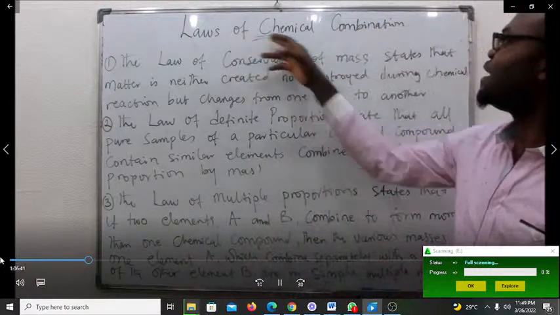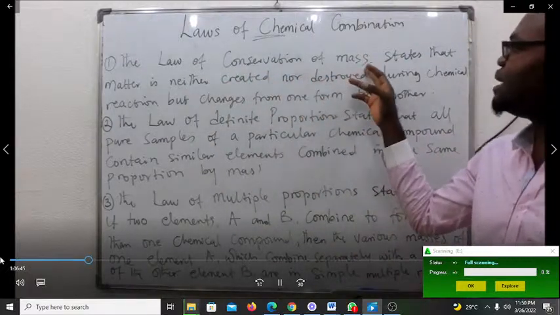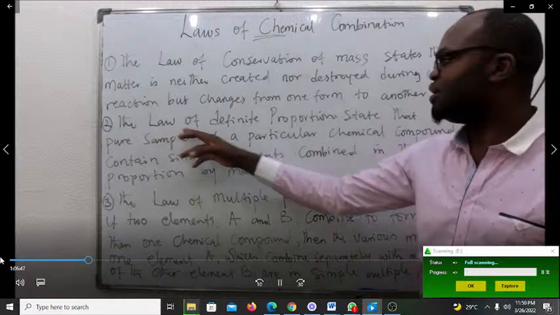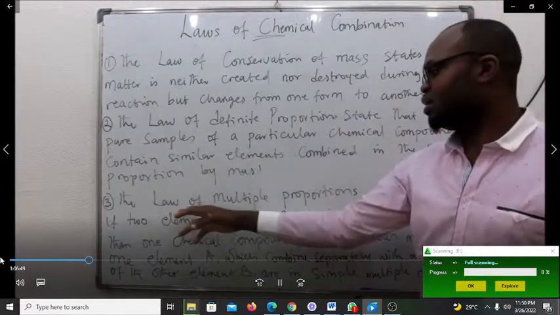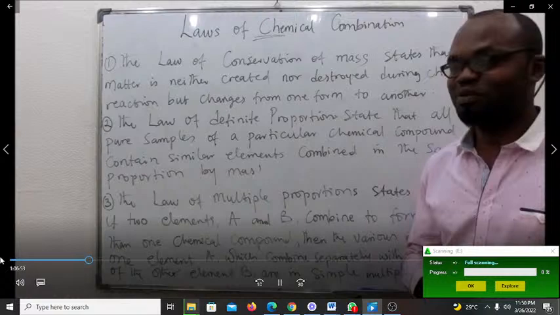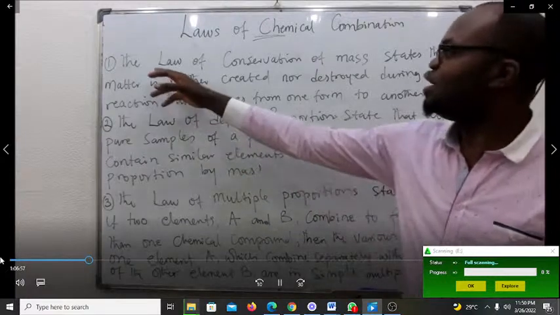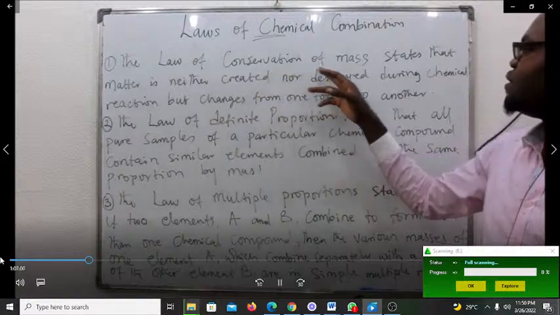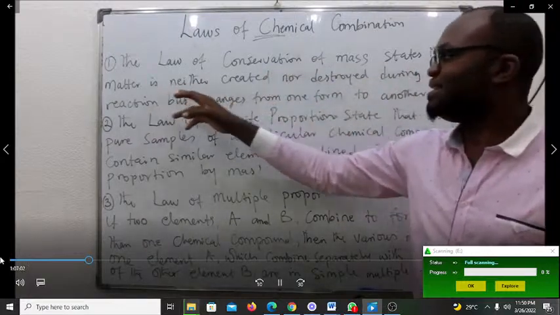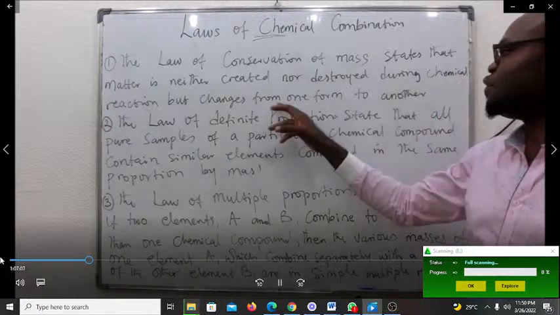The laws of chemical combination include the law of conservation of mass, the law of definite proportion, the law of multiple proportions, as well as the law of reciprocal proportion. So we're going to go through these 4 laws. Number 1, the law of conservation of mass states that matter is neither created nor destroyed during chemical reaction but changes from one form to another.